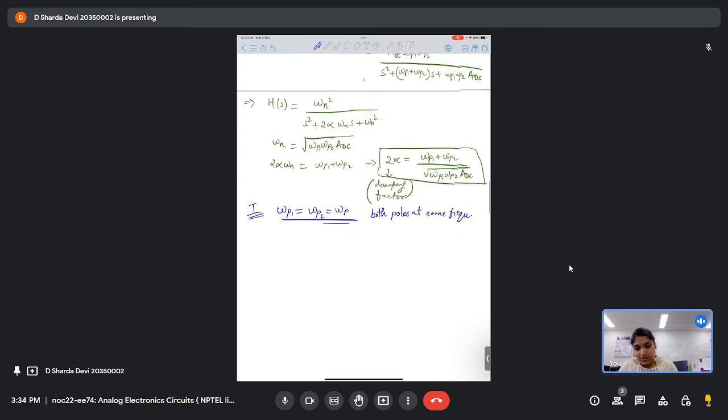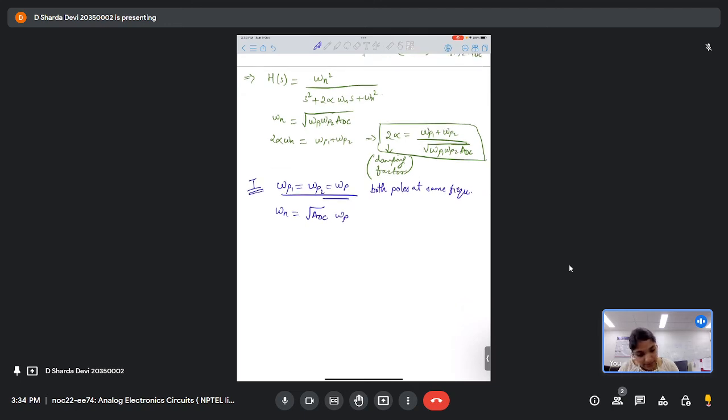In this case, our omega n will become root over ADC times omega P, and 2 alpha will become 1 by root ADC, so alpha will become 1 by root over DC gain.